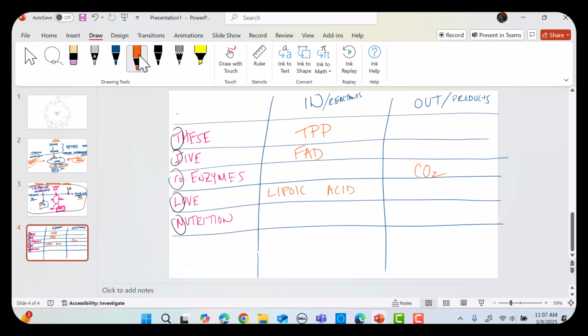But I'm not going to write the FADH2 down yet because it's not a product. I don't leave it alone. I take it and I immediately oxidize it back to FAD. So I come back to FAD because I reduce then an NAD to an NADH.